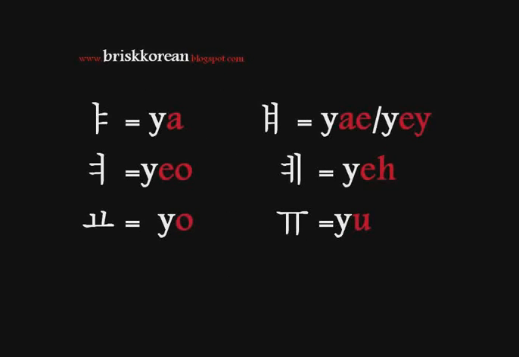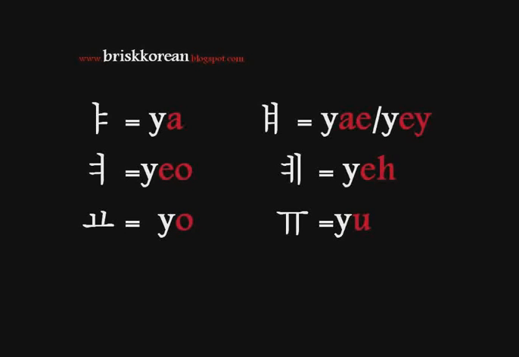Okay, so our first Y diphthong makes the ya sound. Ya. The next one makes the ye sound. Next one sounds yo.